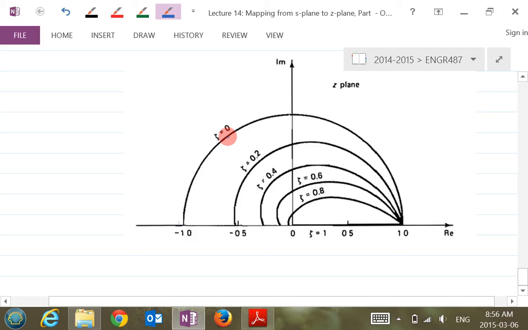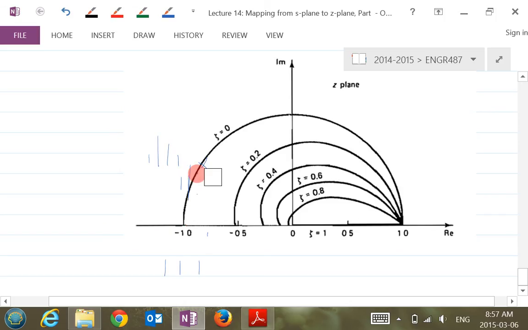If you have a pole on the z plane here, it is a similar idea: you will see an oscillation going on, but no decay. If you look at this point here, guess what? It's probably just up and down, but at a much higher frequency than this one. I'll show you a picture later. So that's the mapping for this.